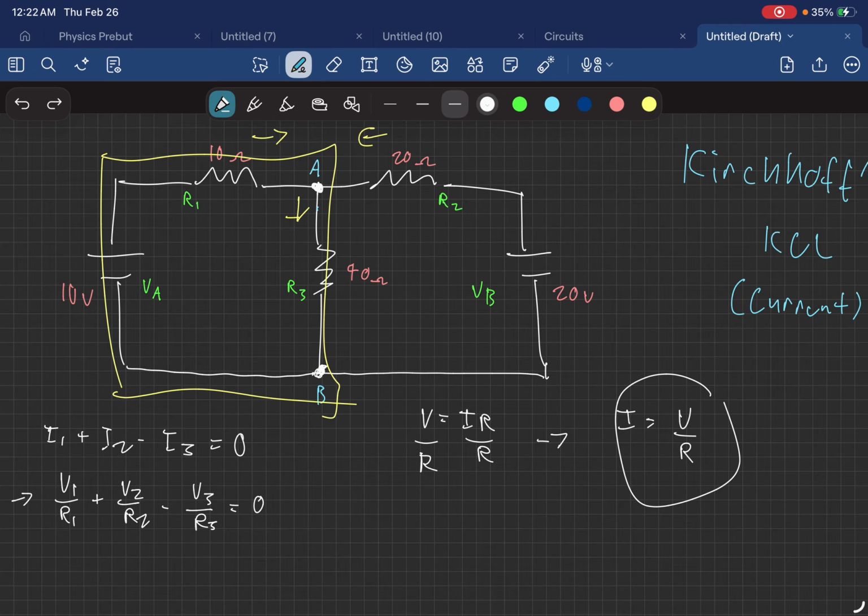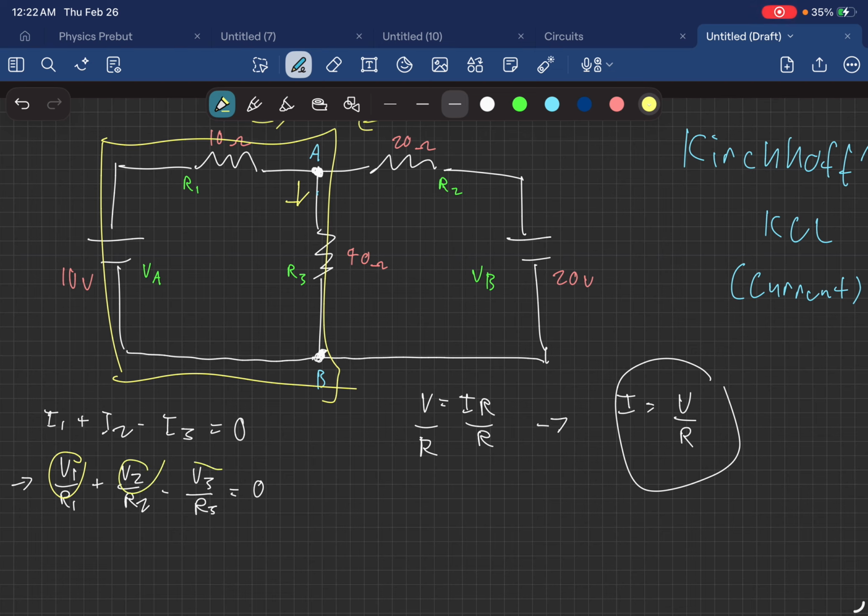If you look at it, it's in series, right? You can see that this whole segment is in series. And remember, in series, voltages are added. We're looking at V1, V2, V3. We're just gonna look at our voltages. So voltages are added.